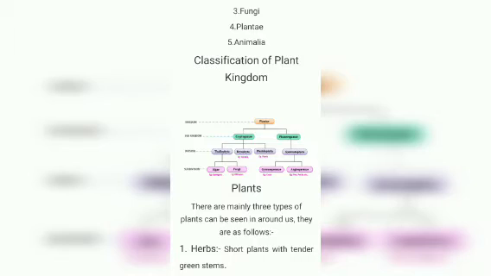Now let's see the classification of plant kingdom. Plant kingdom is firstly divided into two categories, that is cryptogamy and phanerogamy. Cryptogams are the non-flowering and without seed, and phanerogams are the flowering and embryophyte with seed.